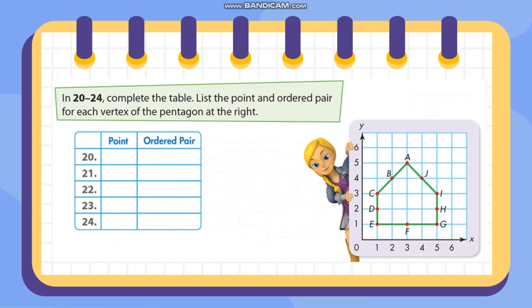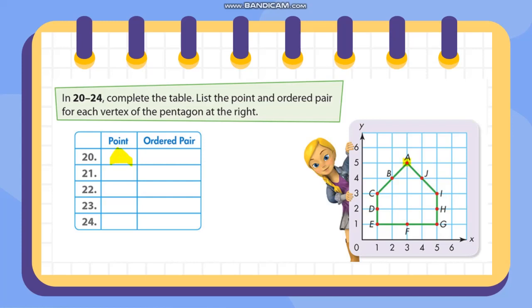Next, complete the table. List the point and ordered pair for each vertex of the pentagon at the right. So this is the pentagon. When you connect all the plotted points, it formed a pentagon. So for example, I need to make point A. So point A is this one.